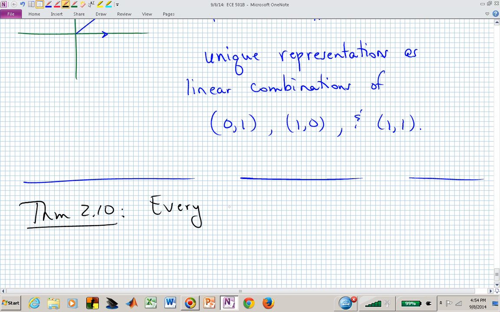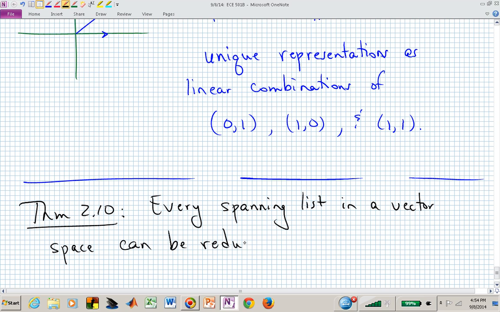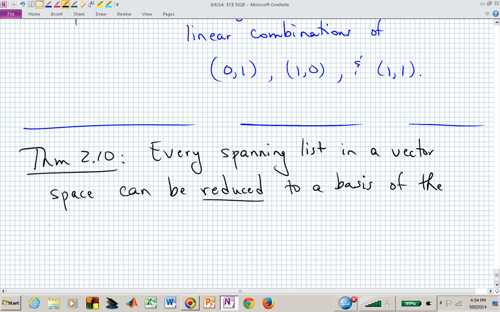So every spanning list in a vector space can be reduced to a basis of the vector space.